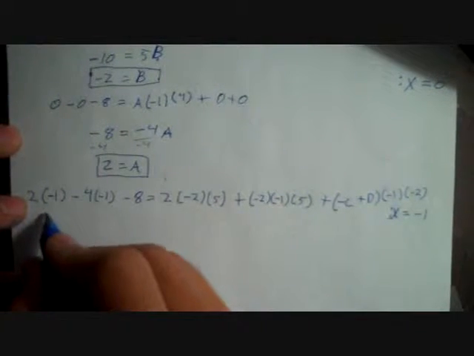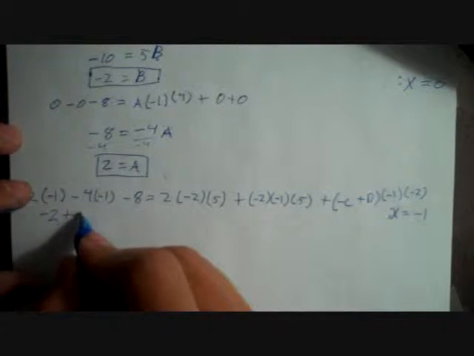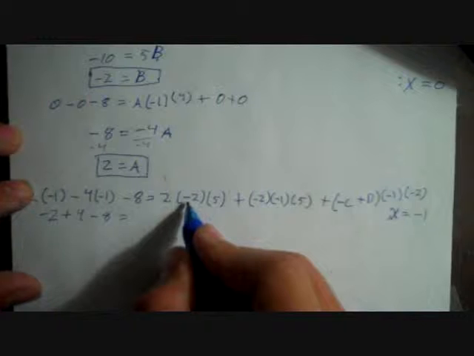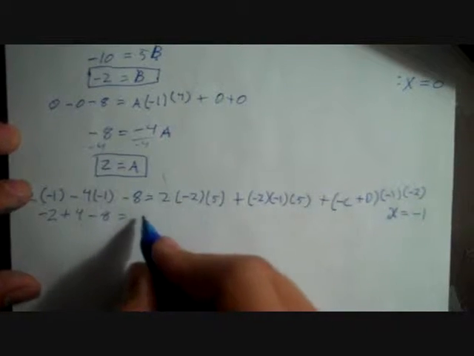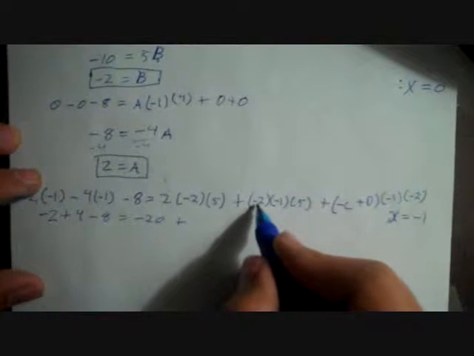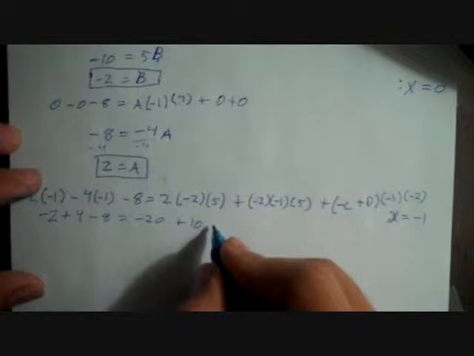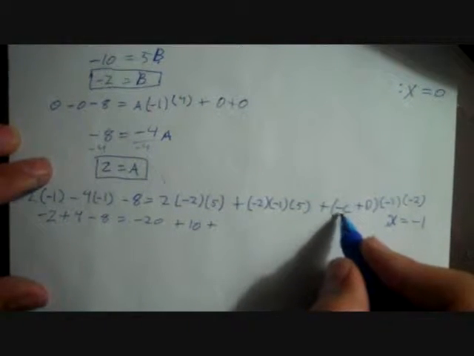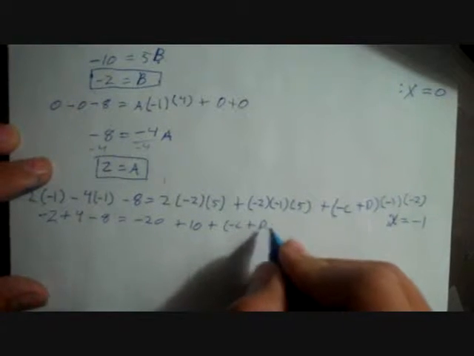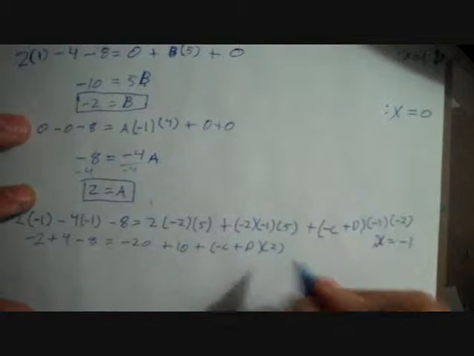So 2 times -1, that's -2. -4 times -1, that's +4. Minus 8 equals 2 times -2 is -4, times 5 is -20, plus -2 times -1 is 2, times 5 is 10, plus -c plus d, times -1 times -2, so that's all times 2.